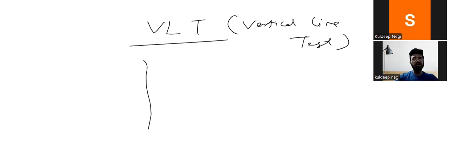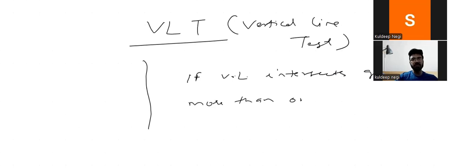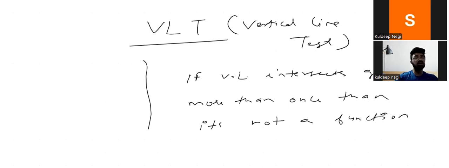If the vertical line intersects the graph more than once, then it's not a function. So again, I'm repeating. You have to draw a vertical line on the given graph. And if the vertical line is intersecting that graph more than once, it will not be a function.